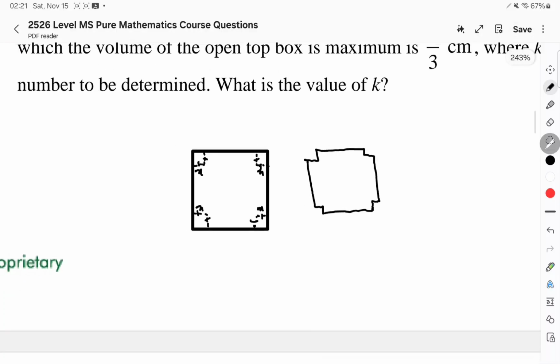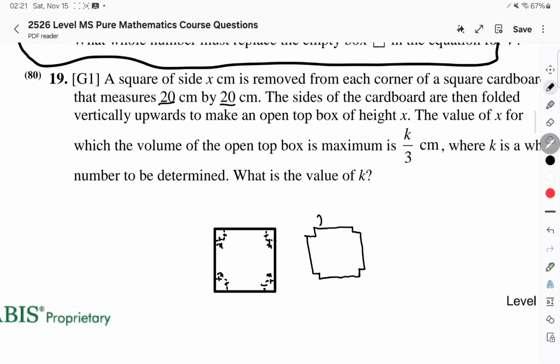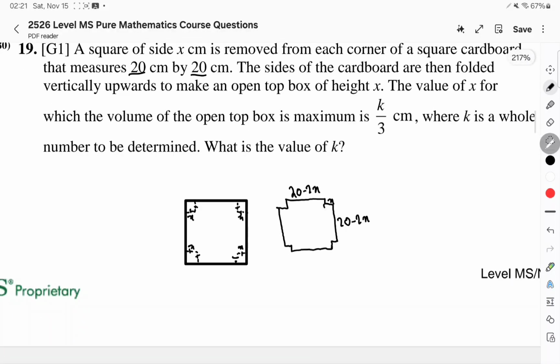Then I get the sides. Each side initially had 20 and 20, so now it has 20 minus 2x, 20 minus 2x, and x on each side. I flip it upwards to get an open box. So x becomes the height of the open box.